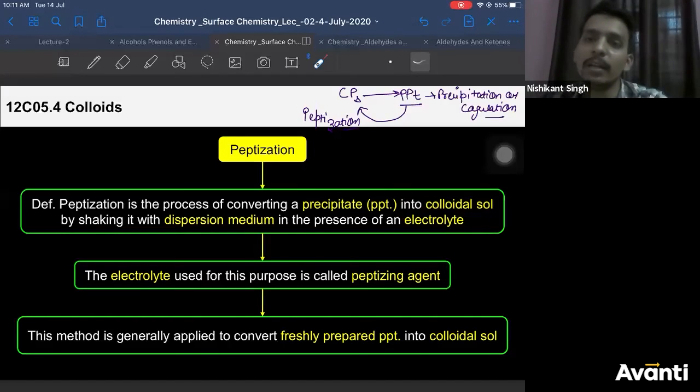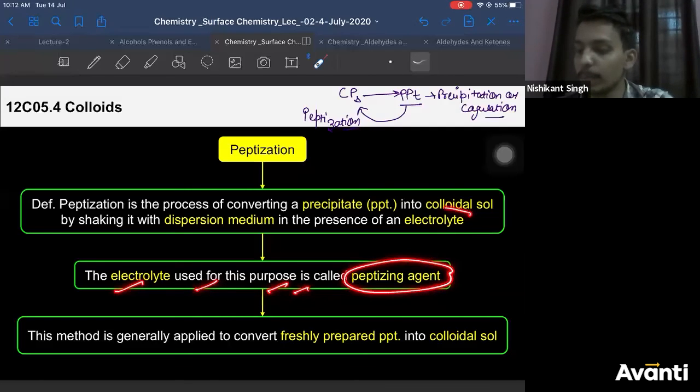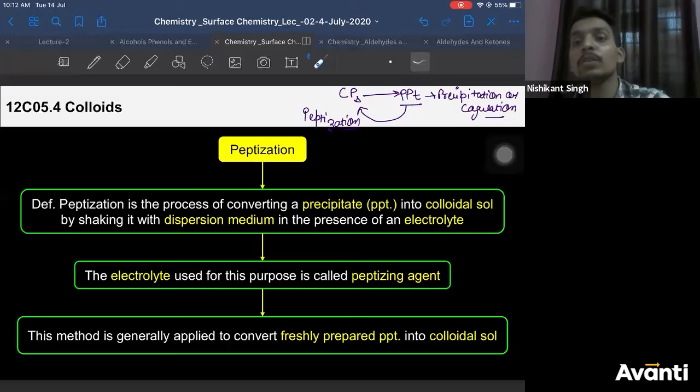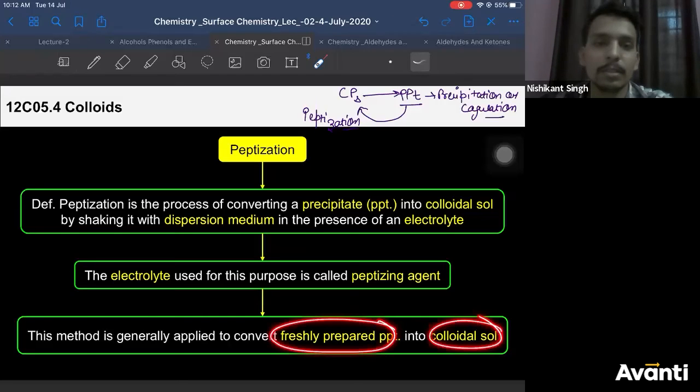After shaking, you'll get colloidal particles. Let us see how it works. We should know how it works also. The electrolyte used for this process is called the peptizing agent. So electrolyte is very important. It is called a peptizing agent because it is causing the peptization. I'll tell you how. The method is generally applied to convert freshly prepared precipitate to colloidal solution.